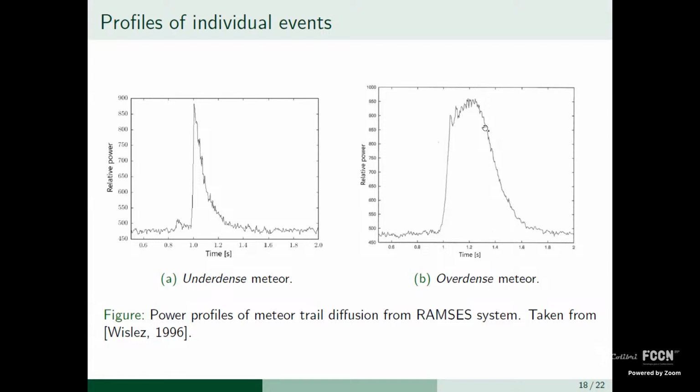This corresponds, of course, to the bigger and more massive meteors, and this to the faint meteors. And as you can see, the scale of overdense meteors is more in seconds, and if it's a big bolide, it can last 10 seconds or 20 seconds and so on, but it's very rare.